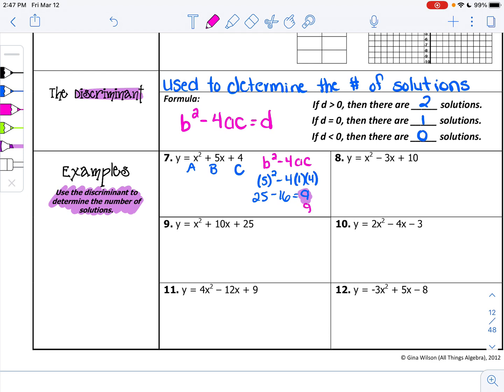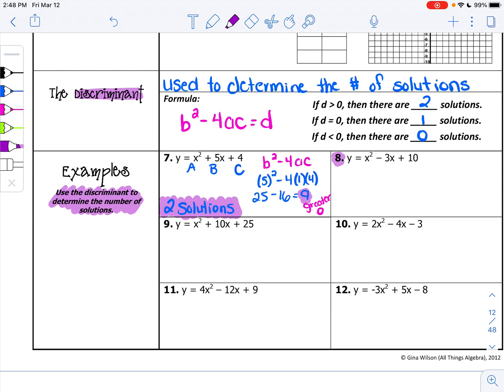Well, we know that 9 is greater than 0. And because it's greater than 0, we know that we have 2 solutions. We don't know what those 2 solutions are. If we needed to, we could figure that out. But we know that this function has 2 solutions.